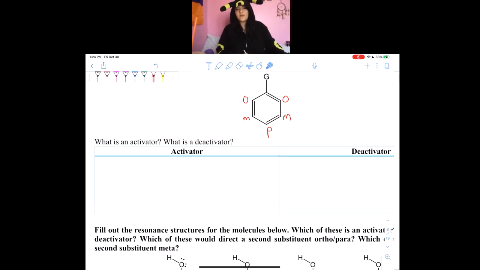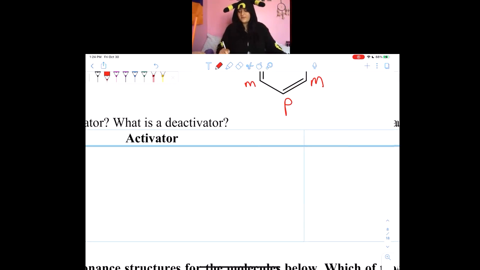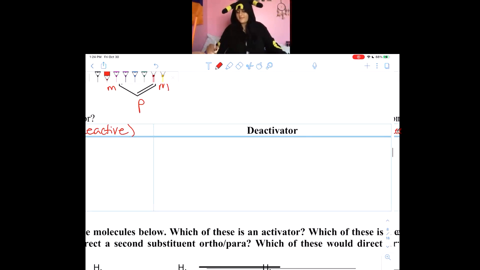First we're going to talk about what is an activator versus what is a deactivator. An activator is any group that makes the benzene ring more reactive, aka it wants to react again. And a deactivator is any group that makes the benzene ring less reactive.